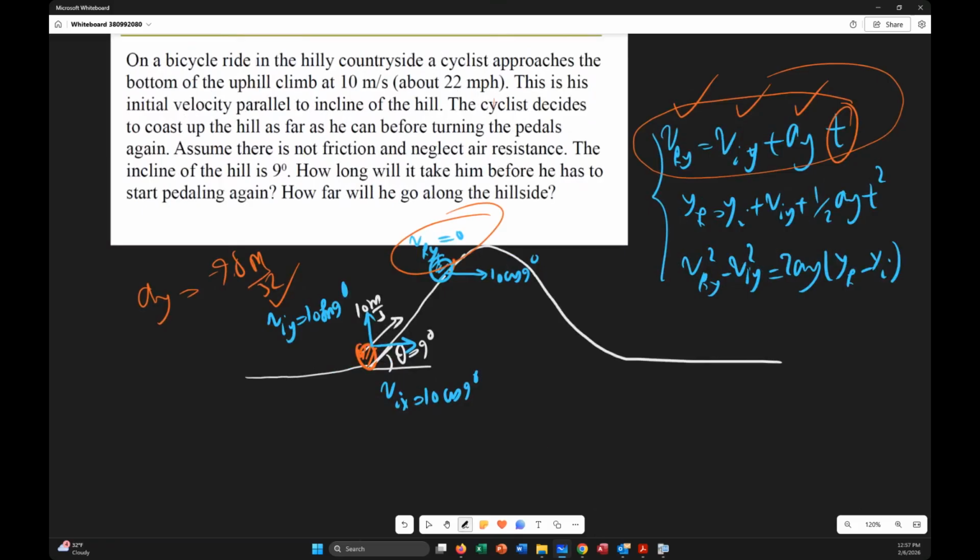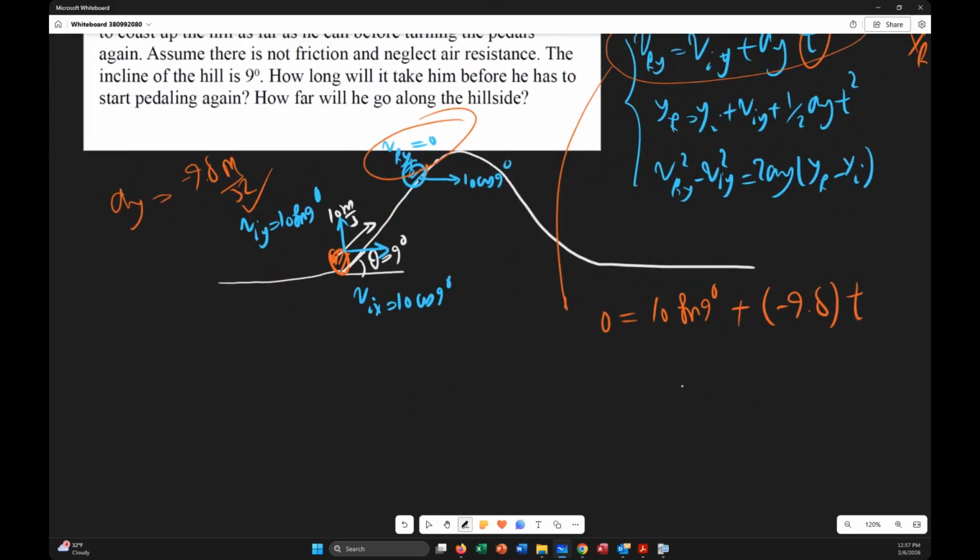So what we do, we say v final is 0, v initial is 10 sine 9 degrees plus, what is the acceleration? Negative 9.8 multiplied by time. So time is going to be negative 10 sine 9 degrees over negative 9.8, or 10 sine 9 degrees over 9.8.